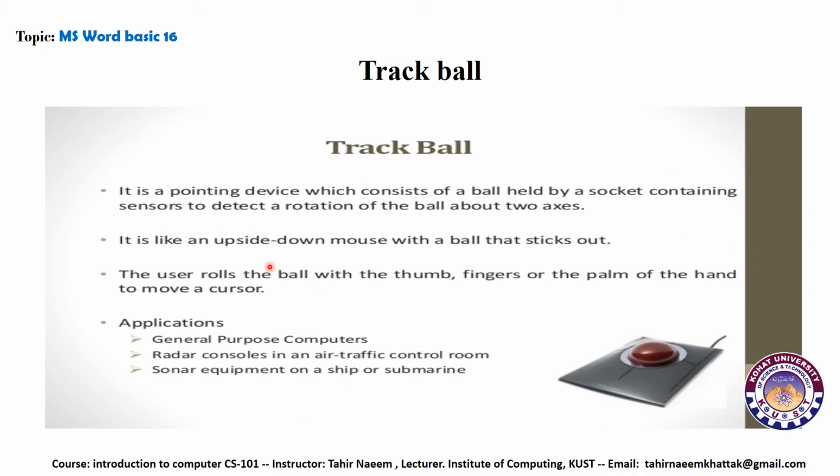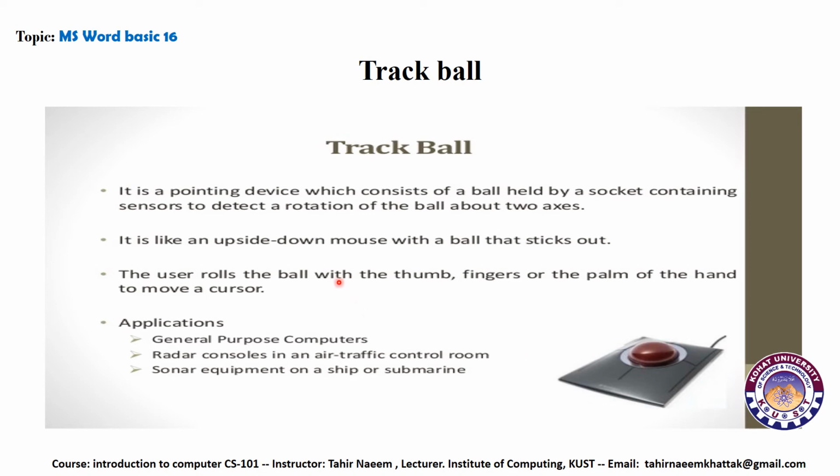Trackball. A trackball is a pointing device which consists of a ball held by a socket containing sensors to detect the rotation of the ball about two axes. As you can see here, it consists of a ball and socket, and whenever we rotate it in two axes, this is detected by the system.